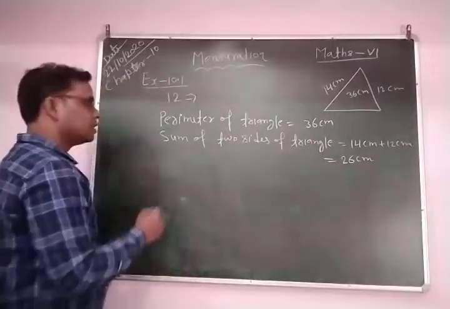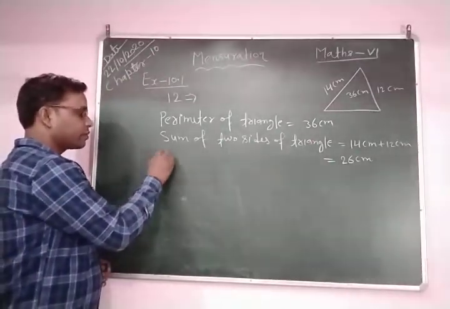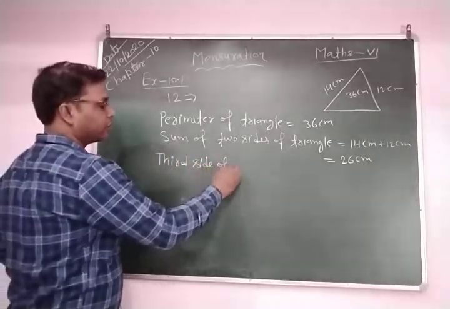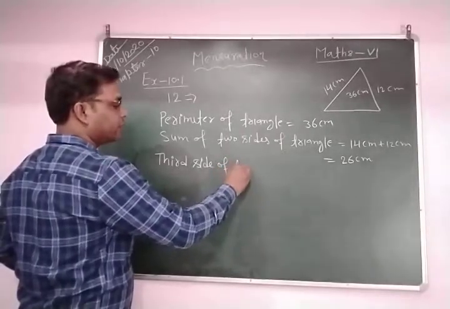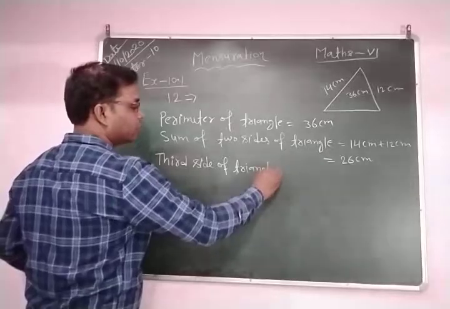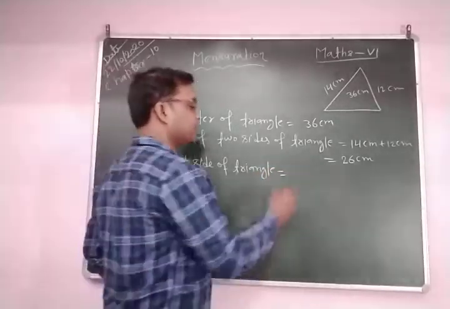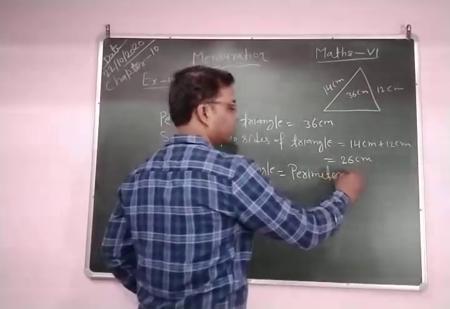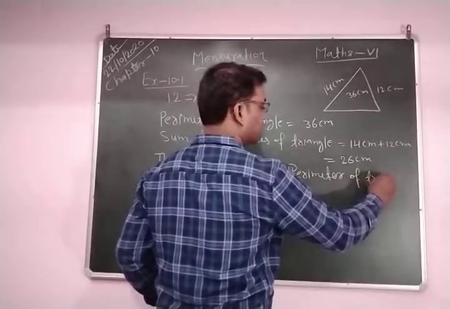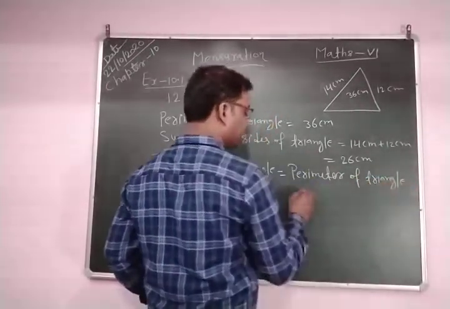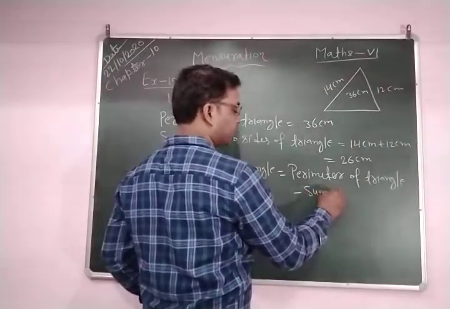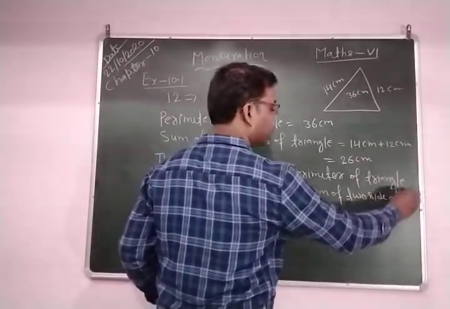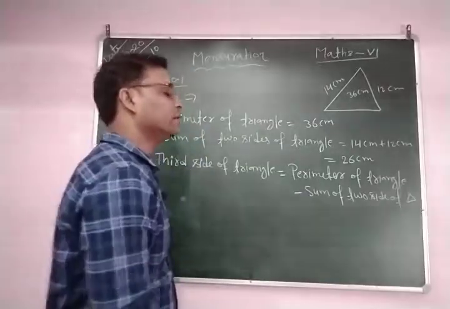So we use this formula: third side of the triangle is equal to perimeter of the triangle minus sum of two sides of the triangle.